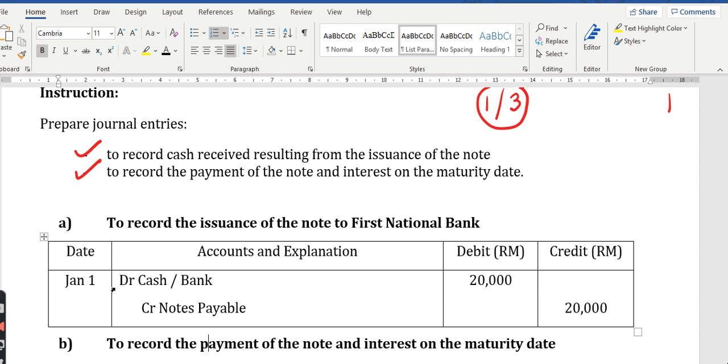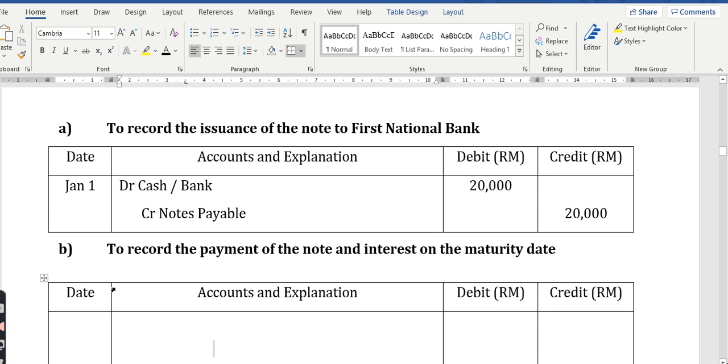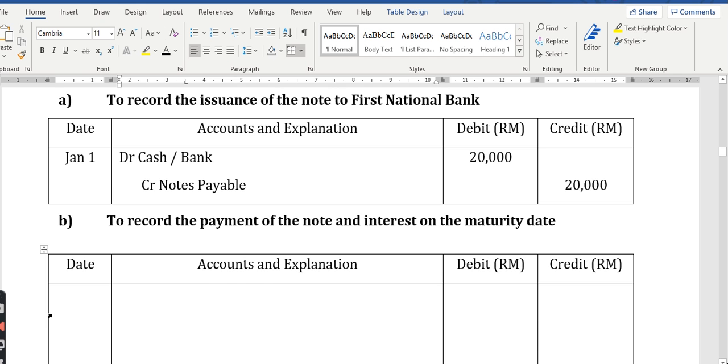So when is the settlement? The settlement is due on the maturity date, that is on 1st of March, as we calculated earlier. On 1st of March, you need to make two payments. One, you need to pay for the principal, which is 20,000. The second one, you need to pay for the interest expense.